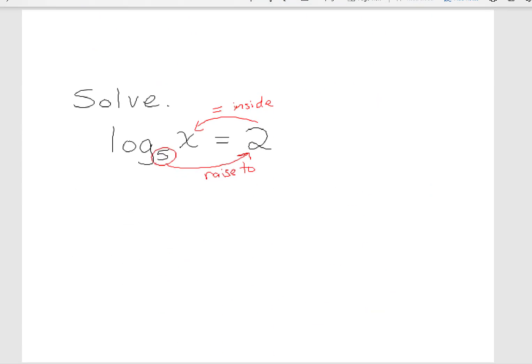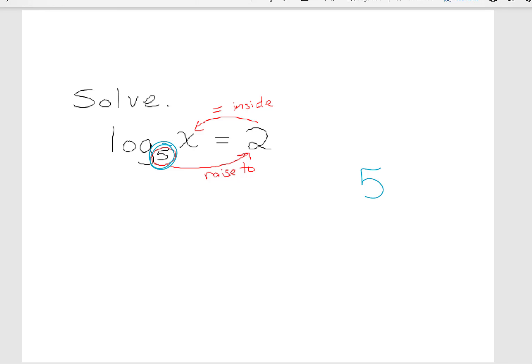Okay. So on this slide, we see a logarithmic equation. And so we're going to use what we know about expressing it as an exponential equation to solve this. So I take my base. That's my base, whether it's in logarithmic form or whether it's in exponential form. So when it's in exponential form, that's the big number, right?